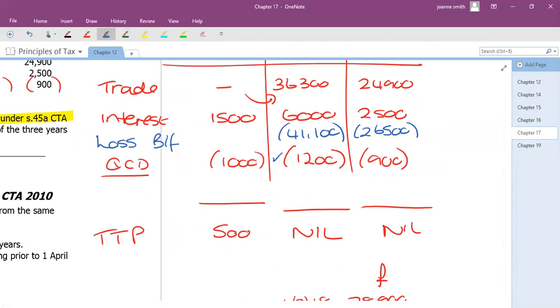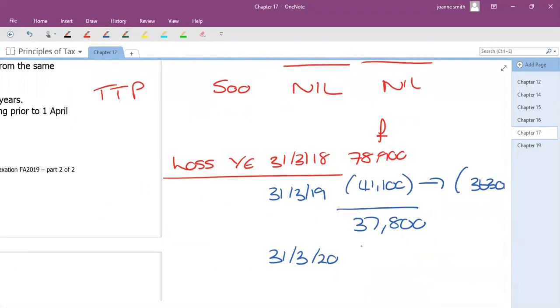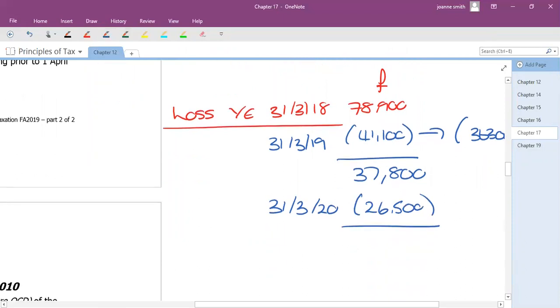So we're going to use 26,500 in the following year, and that will then leave me a balance to carry forward. And I'd always summarise in the exam what you've got left, because it shows the examiner that you understand that there is something that you're going to use next year.